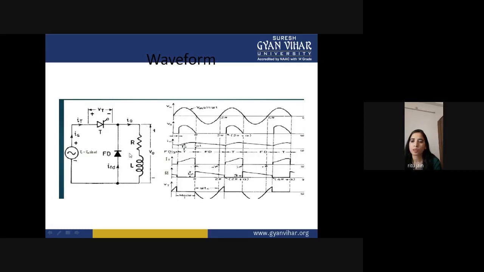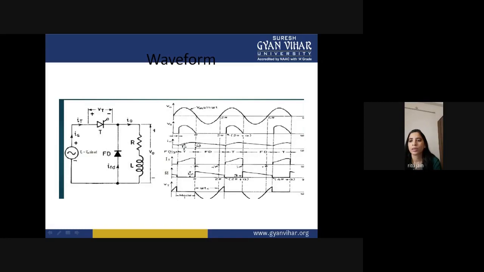When the inductor behaves like a source and negative voltage appears here, this diode becomes forward biased, and the current will start to flow through this circuit: freewheeling diode, resistance, and this inductance. So you can see over here that in the negative half cycle, you are getting the output current.